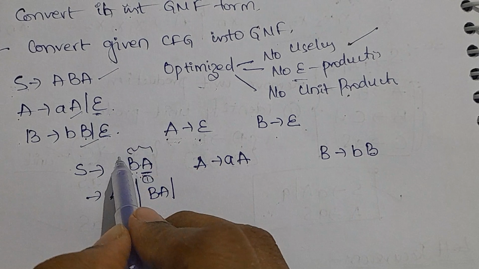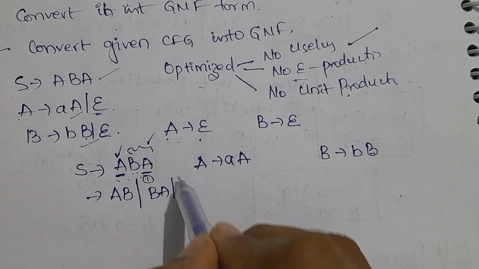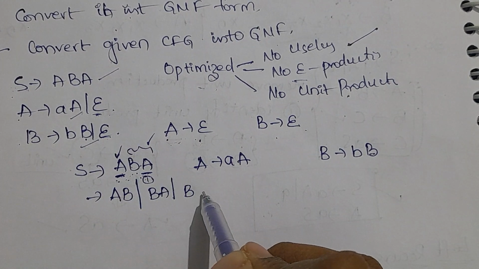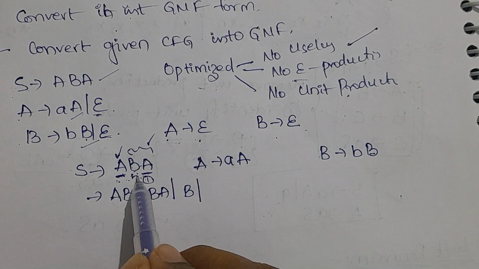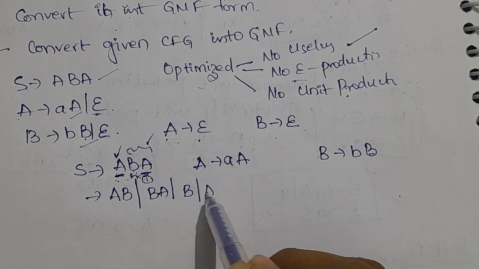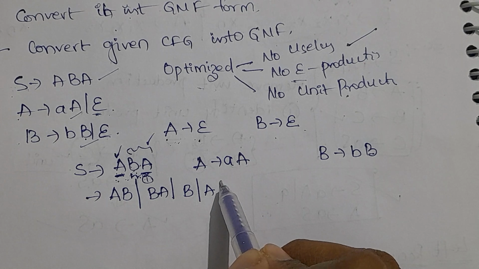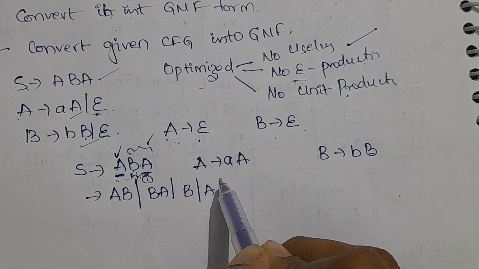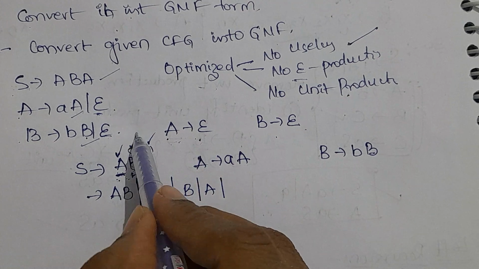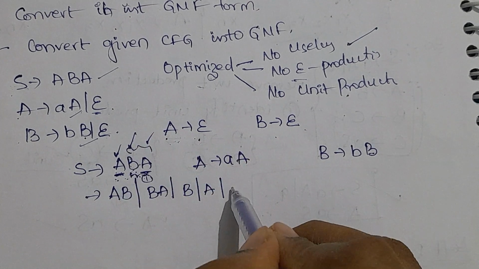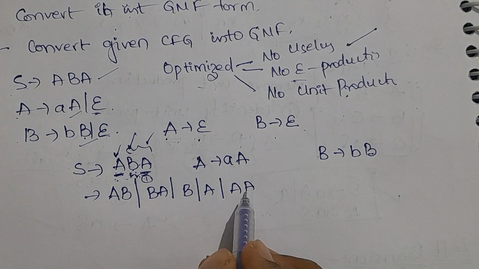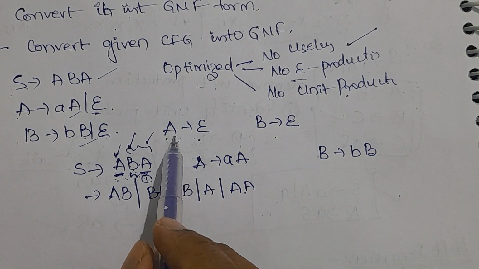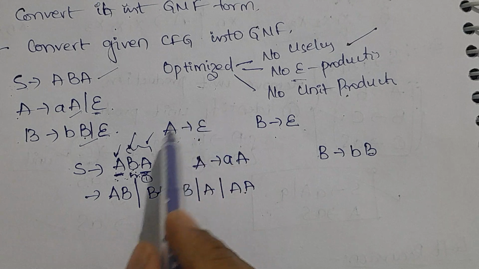If I replace these two together, then B will be the result, right? If I replace these two with epsilon, A will be the result, right? And if I replace only B, what will happen? A will be the result, right? So these are all the possibilities if I replace either A or B or both together.